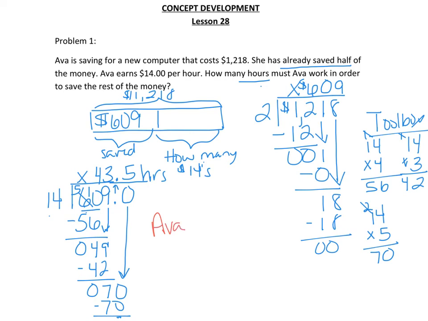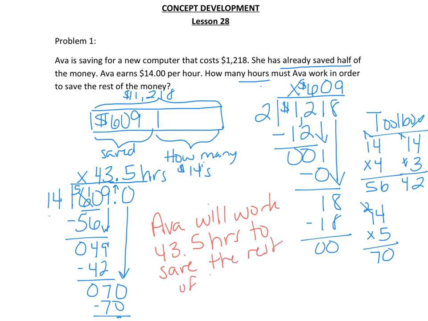Ava will work 43 and a half or 43 and 5/10 hours to save the rest of the money. So make sure you showed all the work.